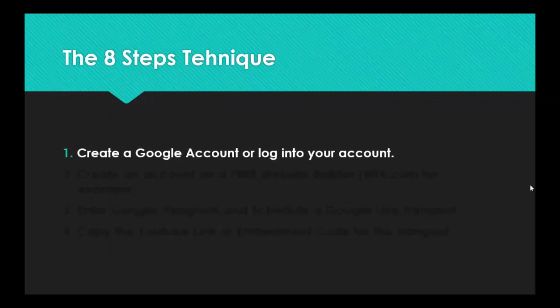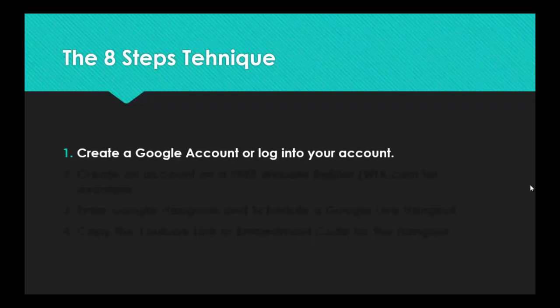The first step is to create a Google account. As you have seen, we are using the Google Hangouts tool to practically create this free webinar page. So first of all, you need to create a Google account or log into your actual account if you have one. If you already have a Google account, you probably know already that you also have a YouTube account.